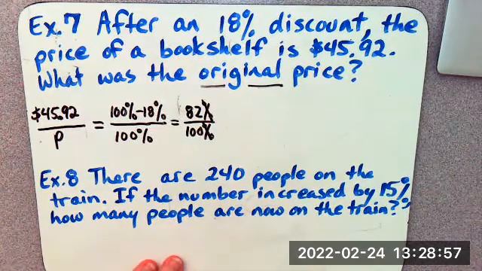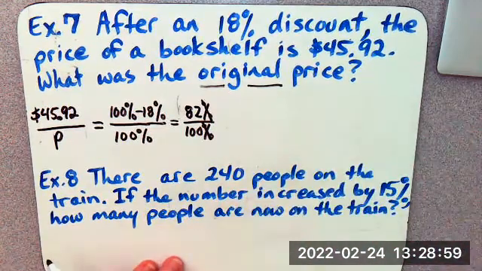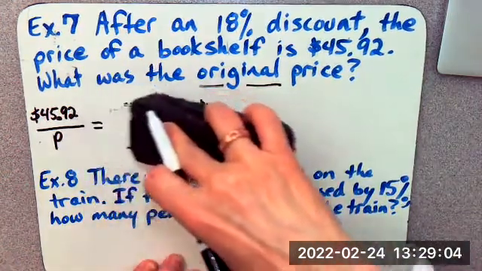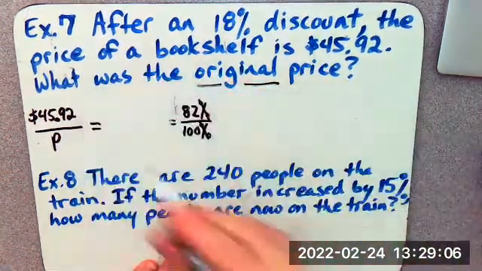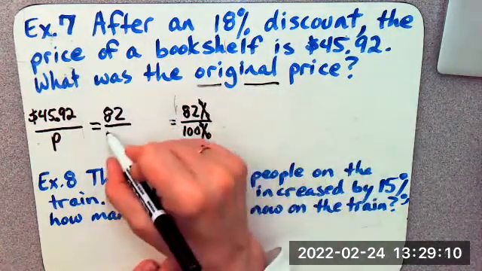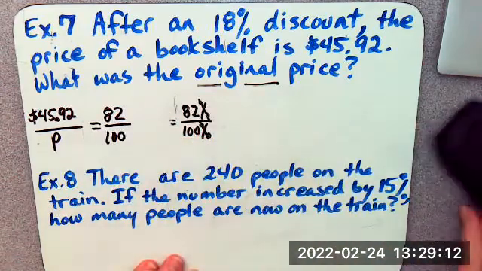All right, so we want to multiply. I'm going to erase this part, and so we can do a cross multiplication. So we have 82 over 100. And so now we're going to cross multiply.